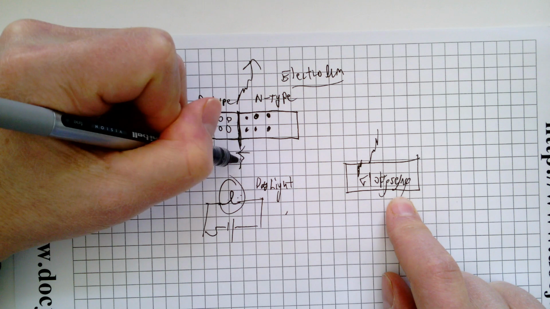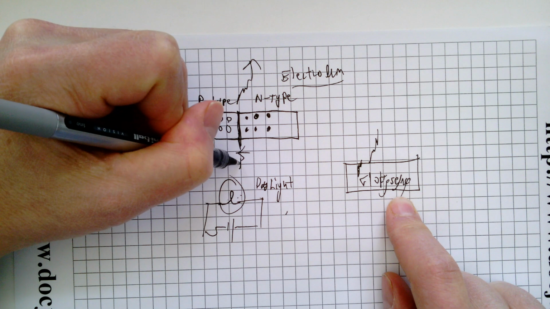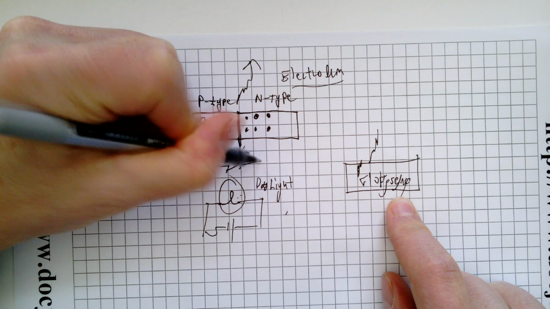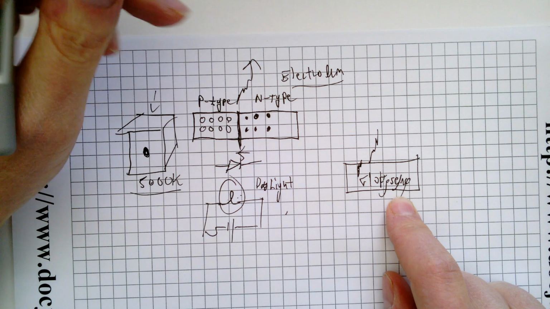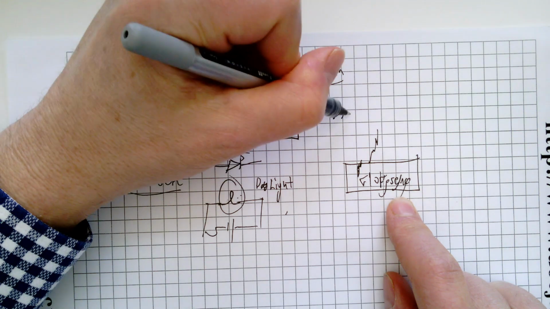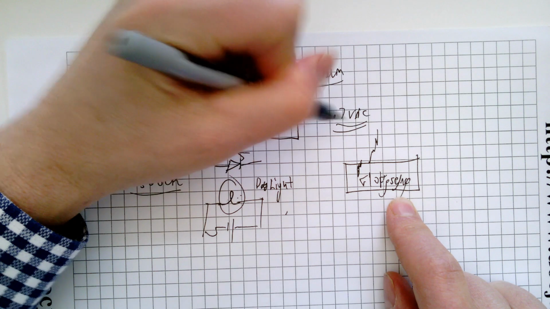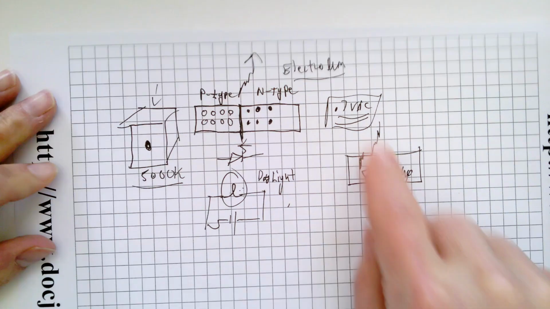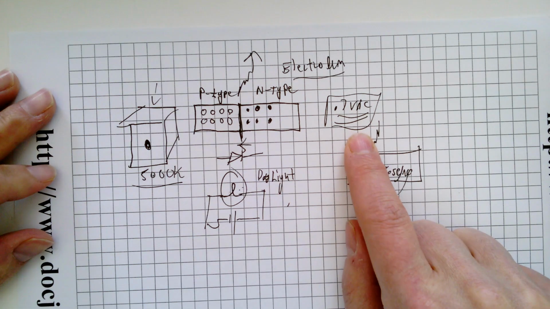And this is going to have a voltage drop of about 0.7 of a volt. And that's typical for a silicon-based semiconductor like this.